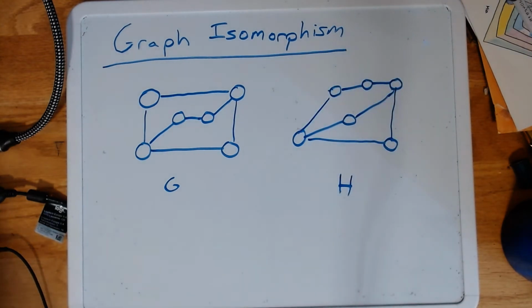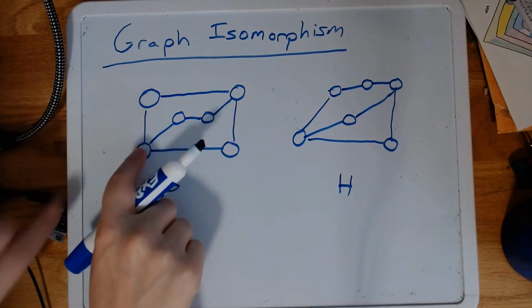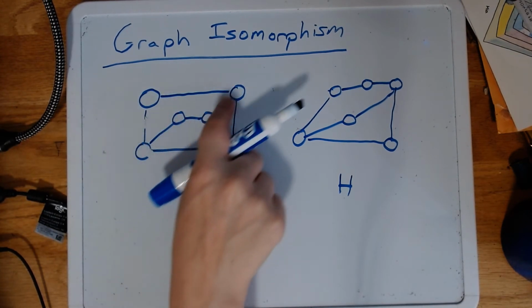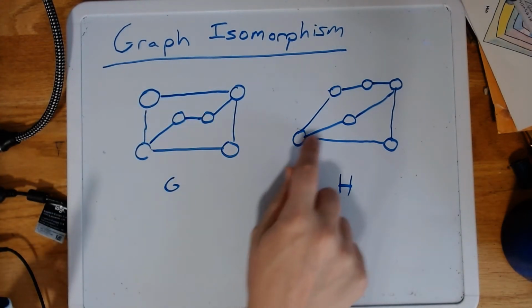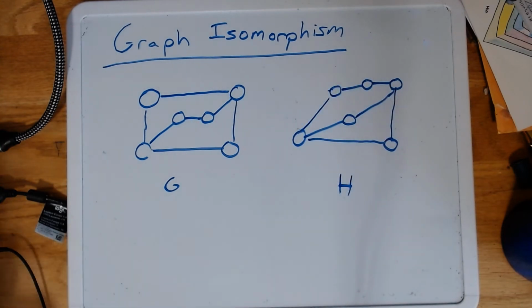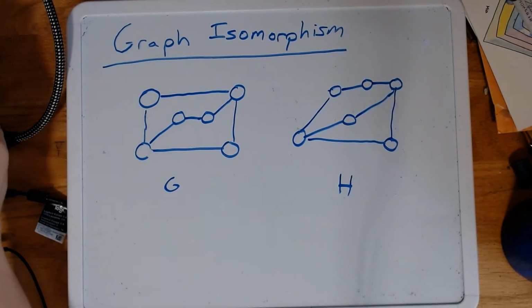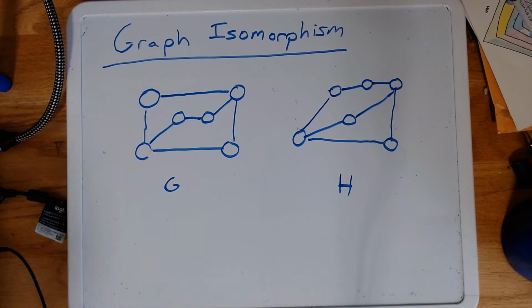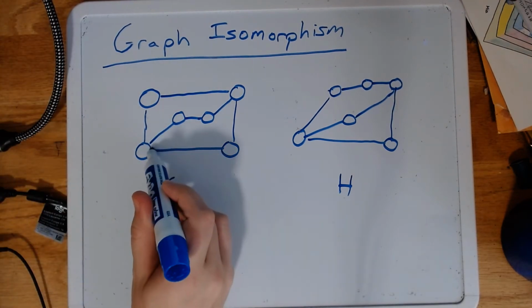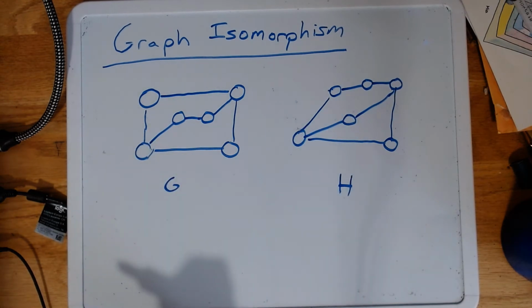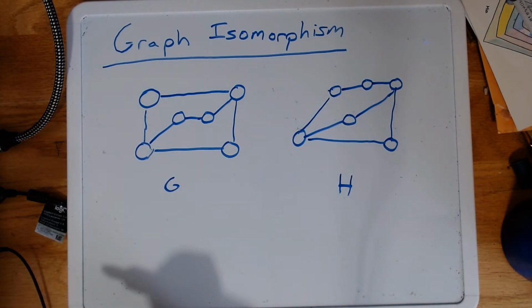Here we go. We can convince ourselves that these are the same graph, right? We're sort of switching this path and this path in G to become this path and this path in H. But the way we would actually prove it is to come up with a function from the vertices in G to the vertices in H that keeps all the edges the same, and vice versa.